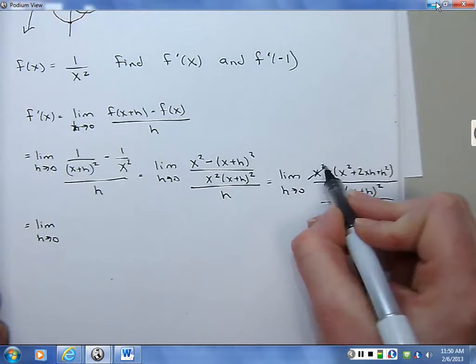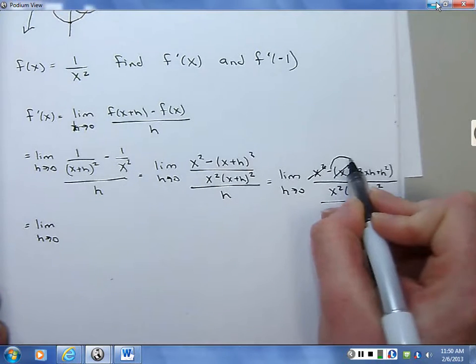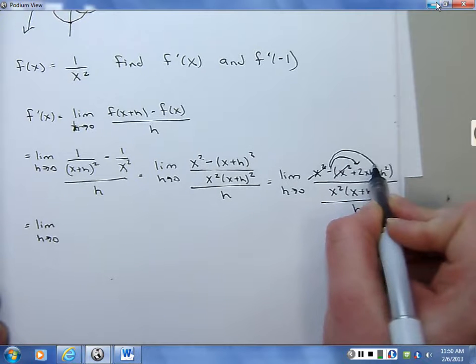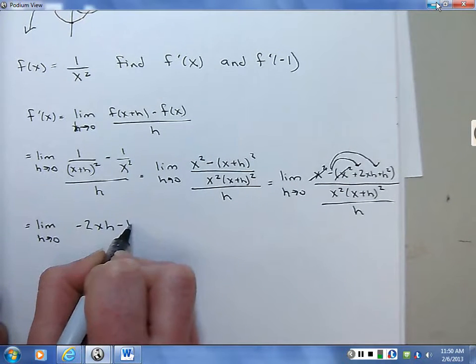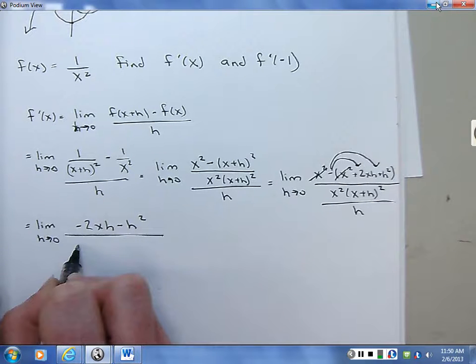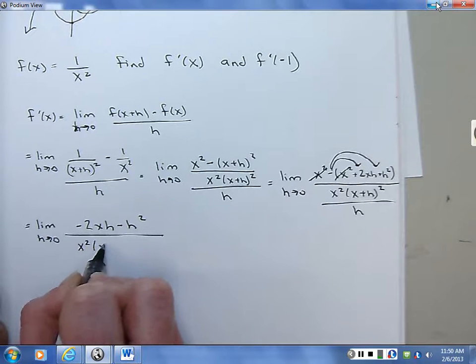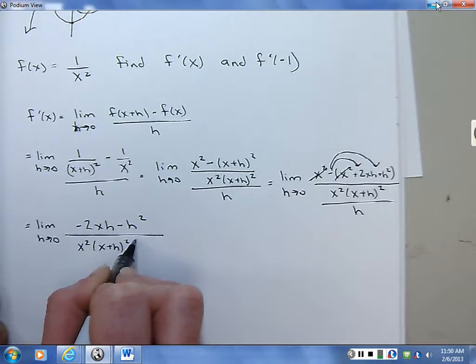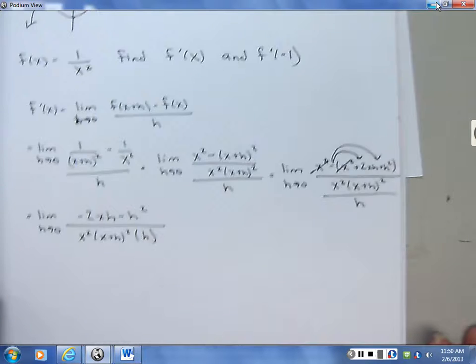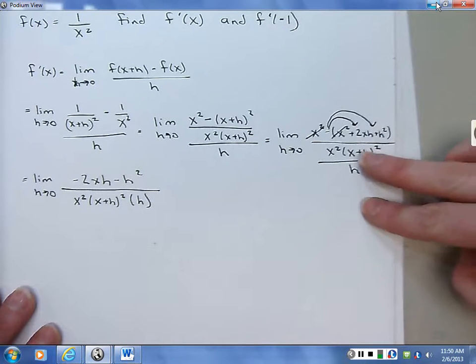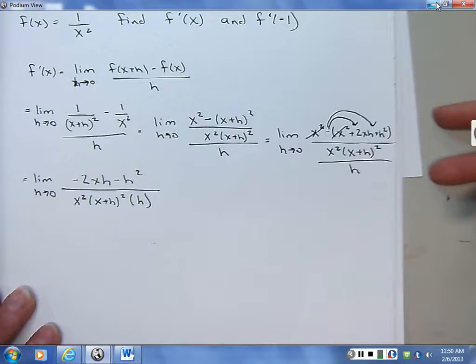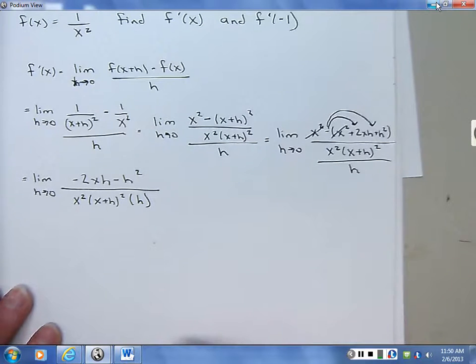So the x squareds cancel. Be very careful with this negative because it's being distributed. So I'm left with minus 2xh minus h squared. And then my denominator is x squared times (x plus h) squared times h. So you see that? If I flip and multiply, h over 1 becomes 1 over h, so my h ends up in the denominator of the fraction in my numerator.